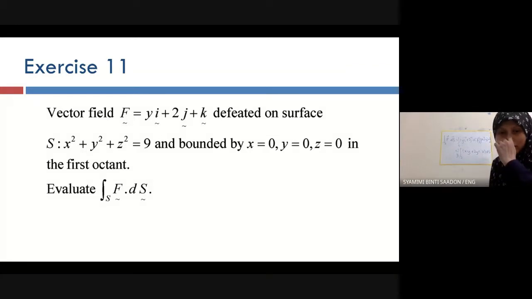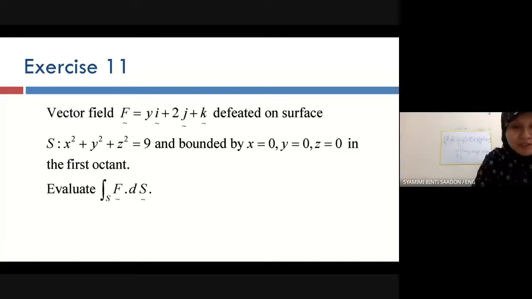Since it doesn't give a value point, you just integrate this one. Integrate xy plus 2y plus z.